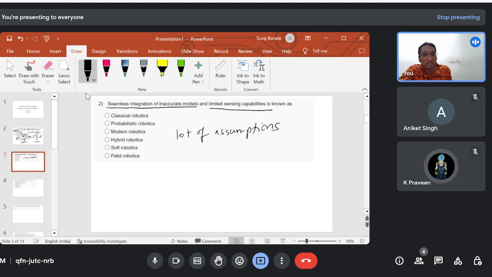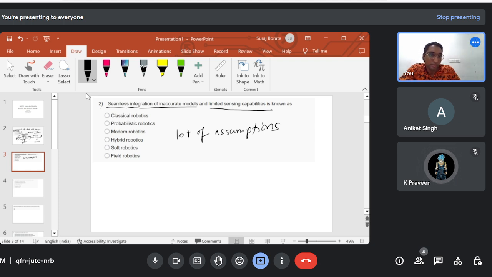We didn't consider the friction coefficient or how it might change, or the friction in the bearings where the wheel is mounted, or the suspension. So we always have a simplified model which is inaccurate, and all models are inaccurate.